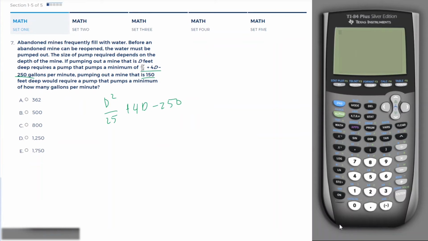So it's 150 times 150 divided by 25 plus 600 minus 250. Enter. 1250. D.